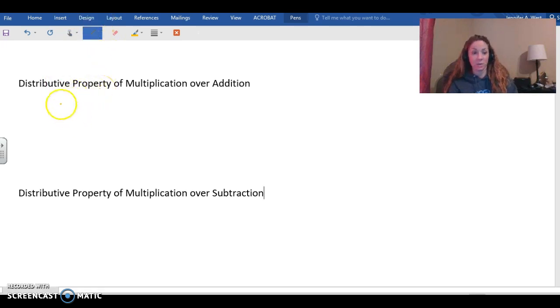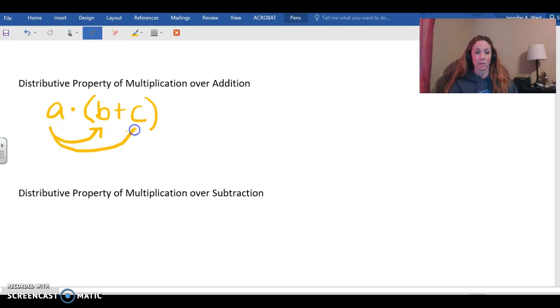So let's say we have A times B plus C. Well, if we multiply the A times the B and then A times C, you wind up with A times B plus A times C. You're going to need to hang on to that.